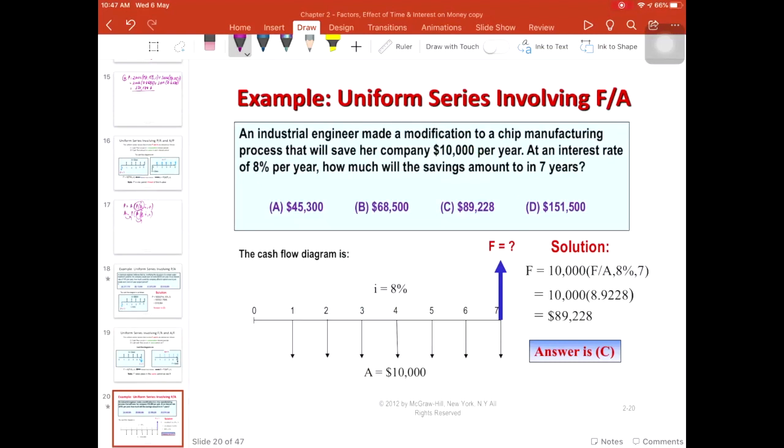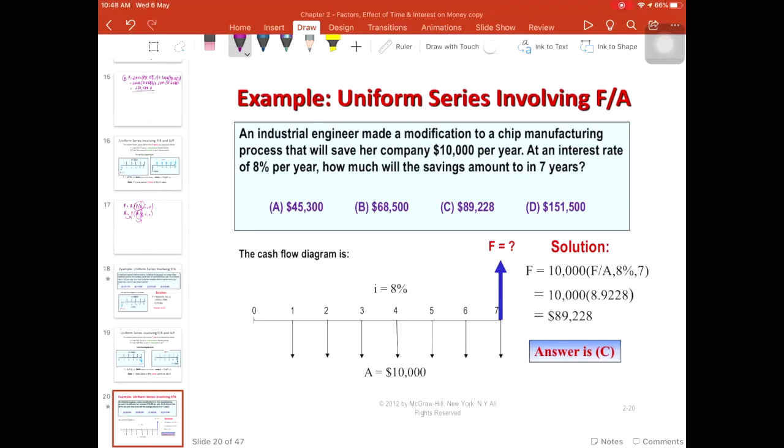Okay, an industrial engineer made a modification to a manufacturing process that will save her company 10,000 ringgit per year. Okay, save company per year. And interest rate of 8% per year. How much will the saving amount to in 7 years?